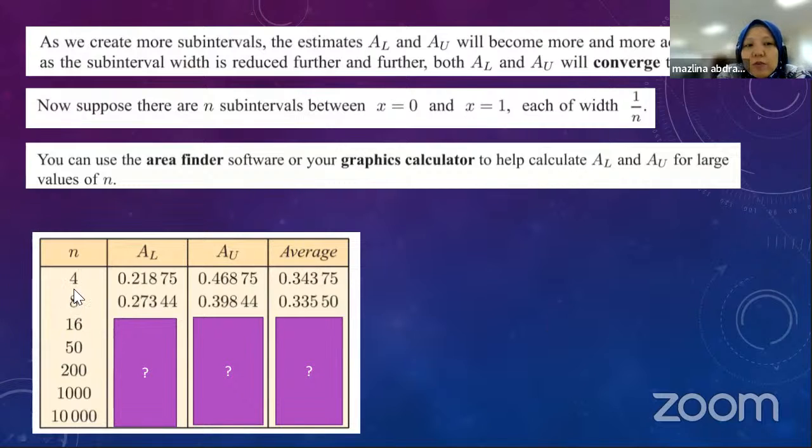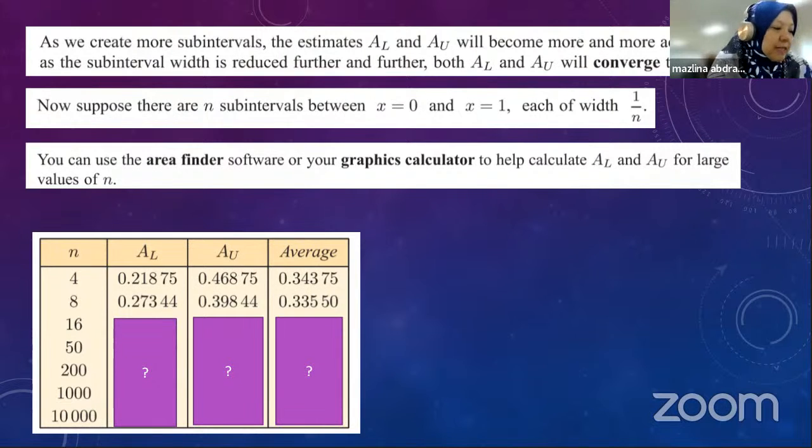Kalau kita tukar n kita ni, tadi we have examples 4, 8. Can you try to get the value here for 16, 50, 200, 1000 and 10,000 to get this average value? Okay, cuba kelas. Use your calculator.